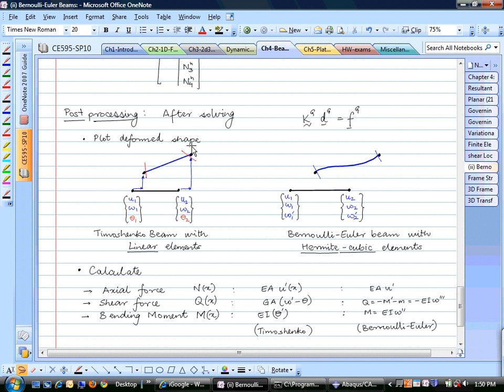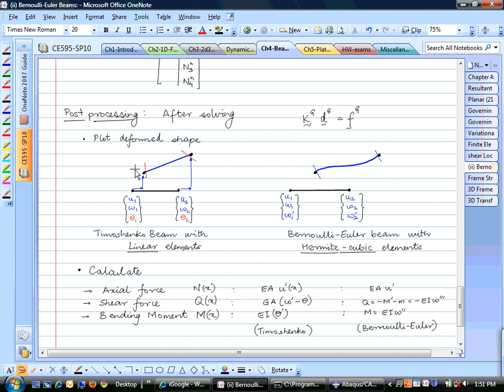But here is a little bit of a thing that you should keep in mind. When you are plotting the deformed shape, if it's a Timoshenko beam with linear elements, in that case, the displacement between the nodes is going to be a straight line. But in addition to those, you also have the orientation of the cross section that is denoted by this theta. And remember that for Timoshenko beam, this theta 1 and theta 2, they are independent of W1 and W2.